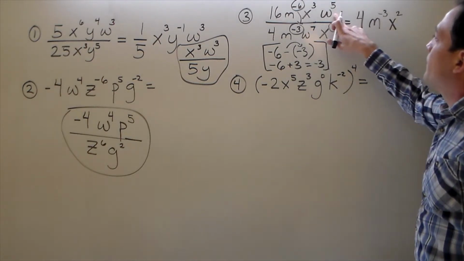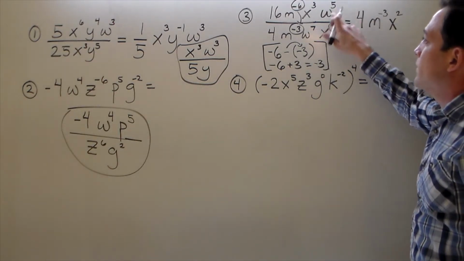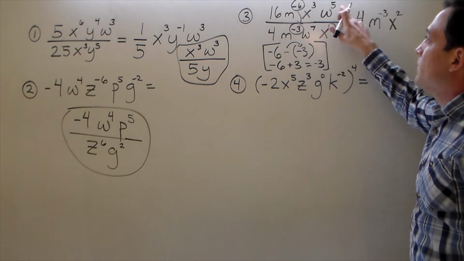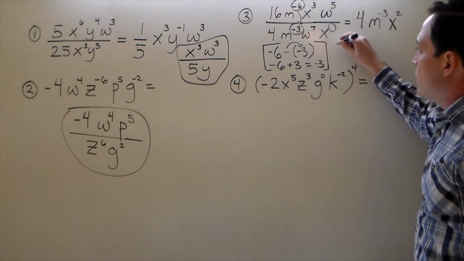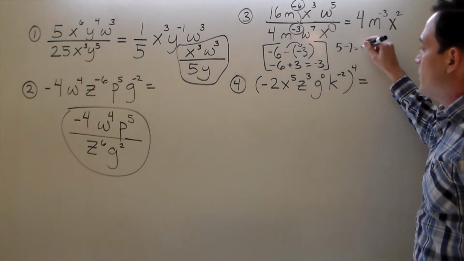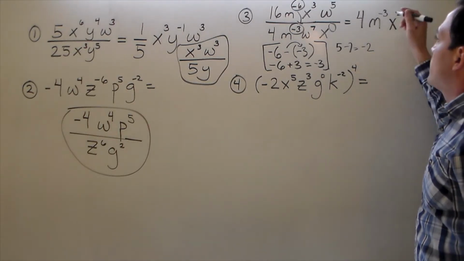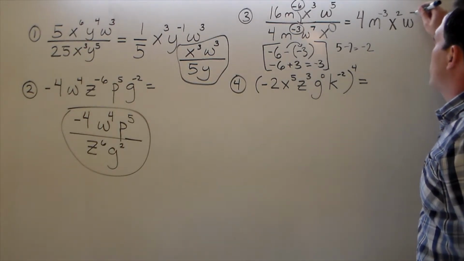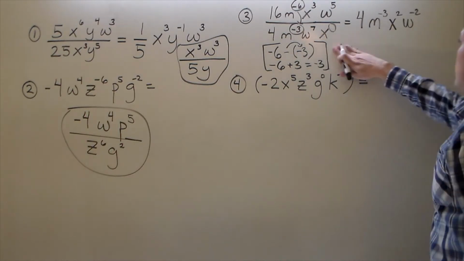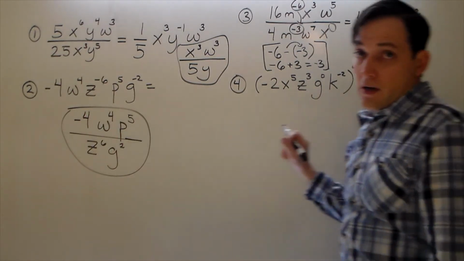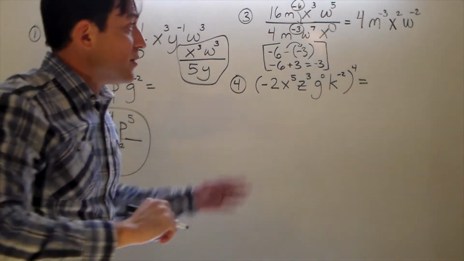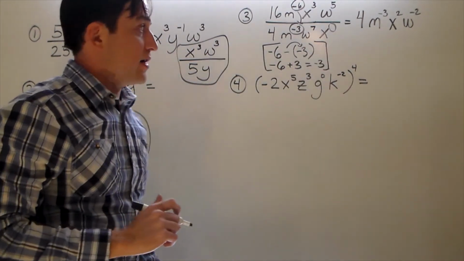So I do the w, I have w raised to the 5th and w to the 7th, so it'll be 5 minus 7. So 5 minus 7 is going to be equal to -2. So then I just have w raised to the -2 power. But we said we wanted to get rid of all the negatives, right?